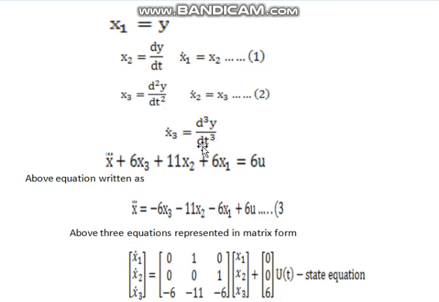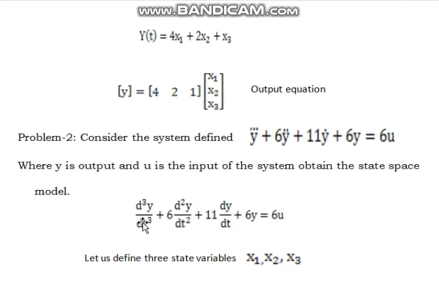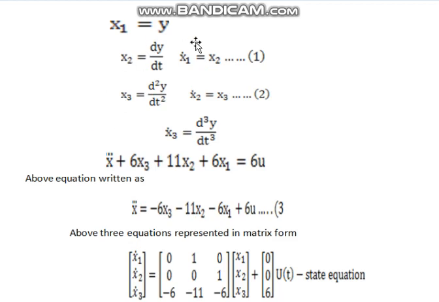Modifying the equation, x3 bar equals minus 6x3 minus 11x2 minus 6x1 plus 6u.